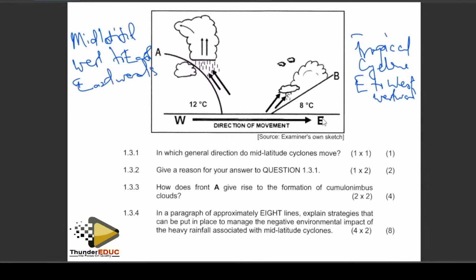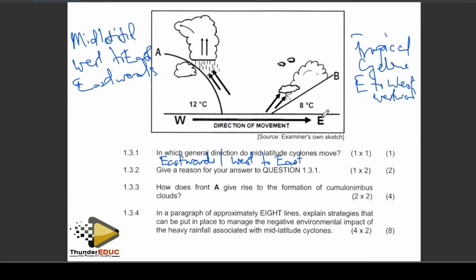That's the difference between those two. So for this one, as the general direction, you can say eastwards, or you can say west to east. It's basically the same.